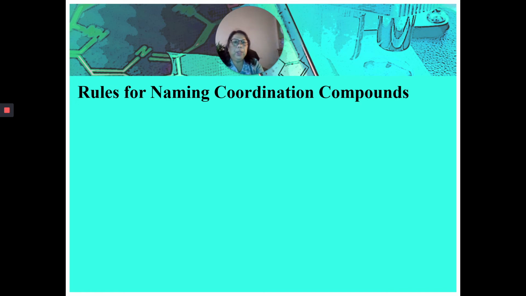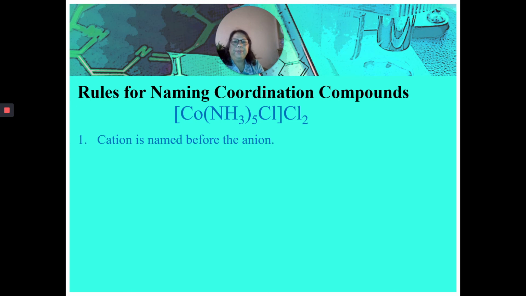Okay, rules for naming coordination compounds. This is an example of simple rules for naming coordination compounds. First, always remember that the cation, or the positively charged, is named before the anion, or the negatively charged. I think that is a cardinal rule that you have learned in your grade school chemistry.